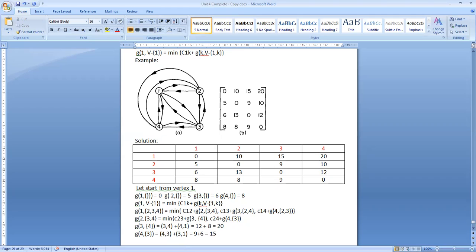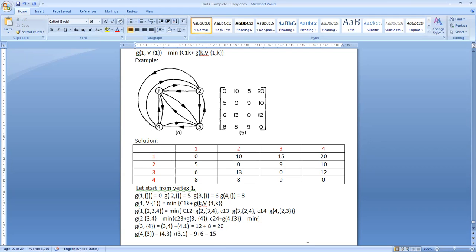So let me supply these things here. This is equal to minimum of: what is C23, the edge between 2 and 3? It is 9.